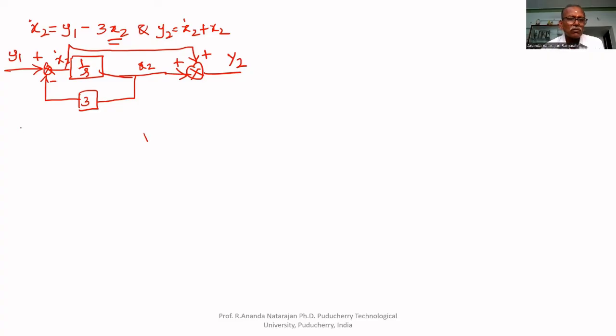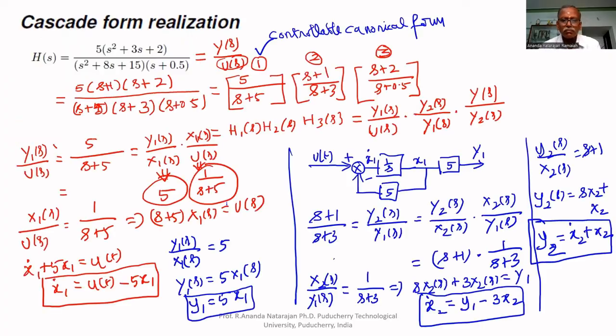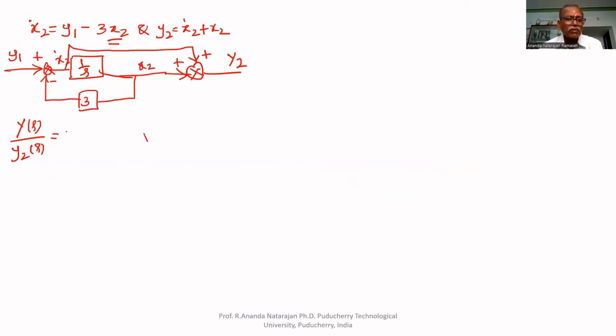Now we have to consider the third equation. That is y of s upon y2 of s, equal to s plus 2 upon s plus 0.5. So that is equal to y of s upon x3 of s multiplied by x3 of s upon y2 of s.